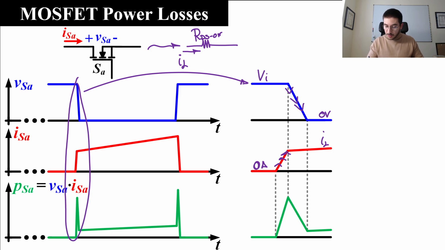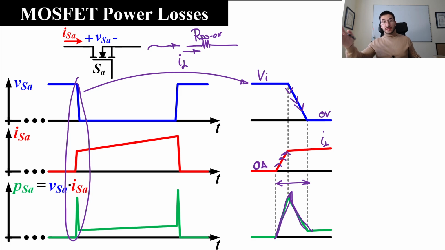But as you can see, we have some overlap, which means that we have at the same time current and voltage. It's not a perfect vertical line. So at the same time we have current and voltage, so we have this peak in the instantaneous power.